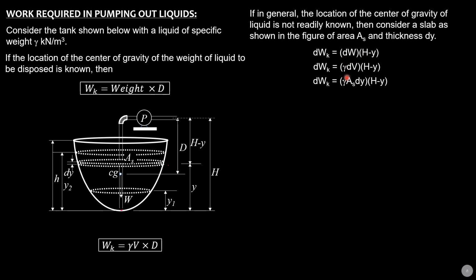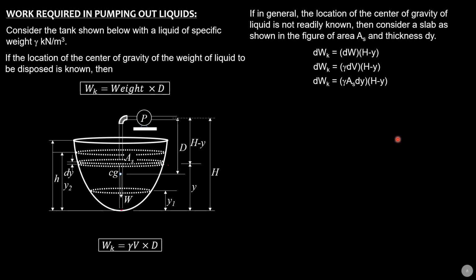Since differential weight is specific weight times differential volume, the distance remains the quantity H minus y. So differential work is specific weight, and since differential volume is area S times dy, place that, then the quantity H minus y. Area S should be a function of y, or it may be constant, so that this resulting expression for differential work can be integrated.